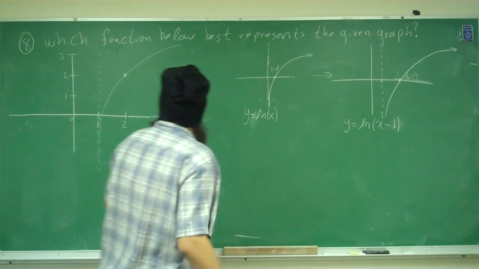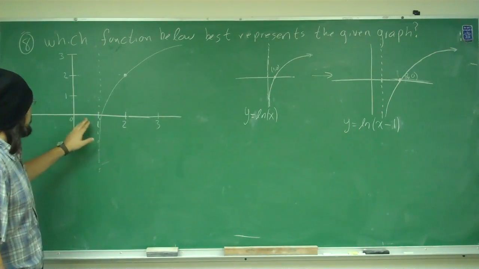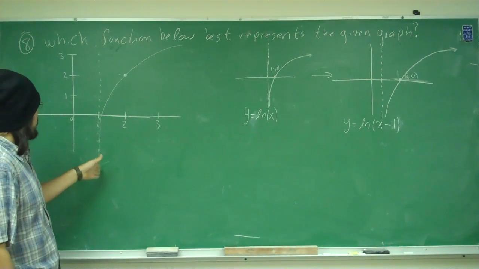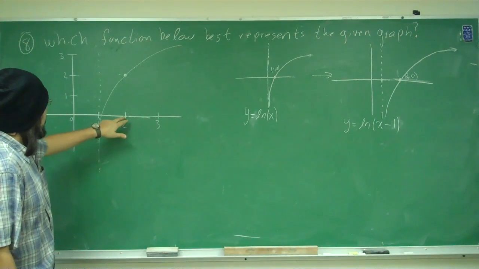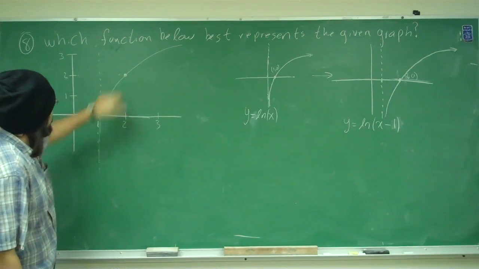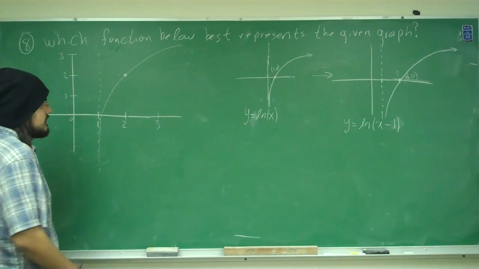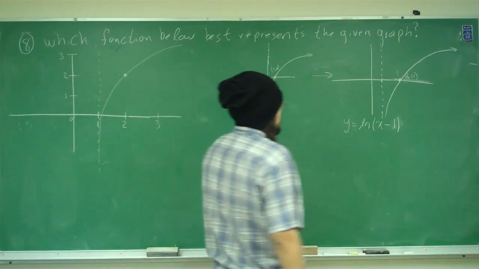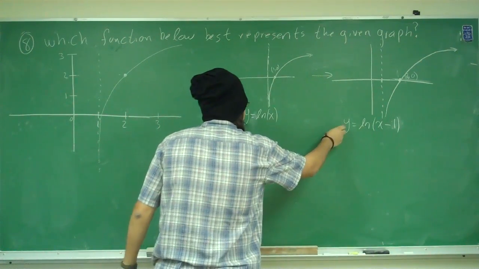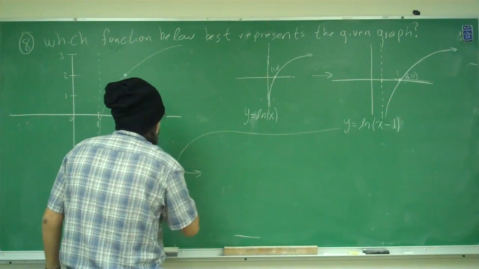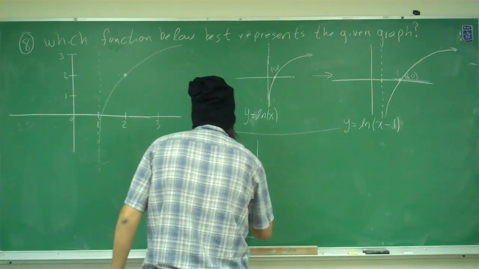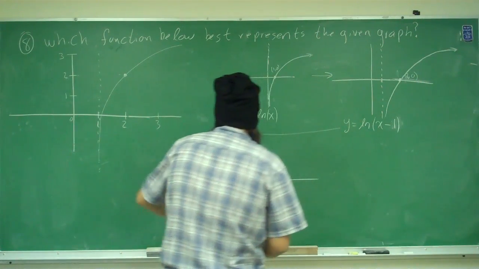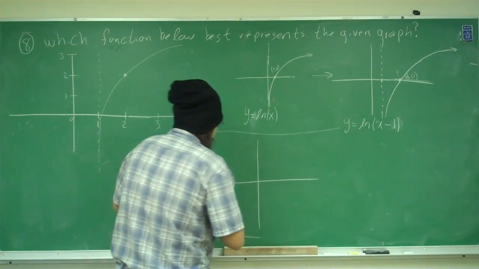Okay, so far so good. Now we have moved it here, so now it looks something like this. But now we want to shift this up. We want to shift this up 2 units. So our next graph then. Let's draw this a little better.